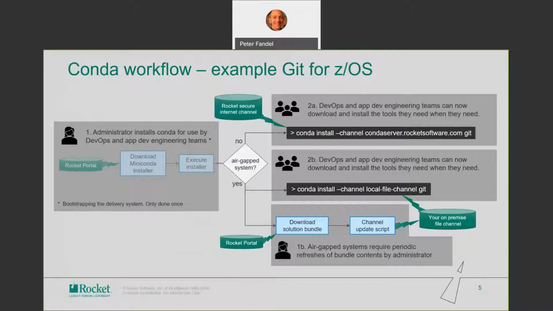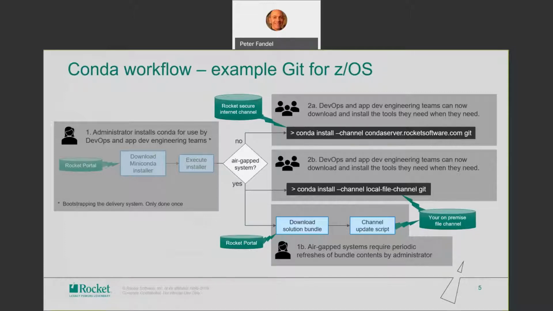If you're okay with your organization going to a secure private vendor channel server or a public channel server, then you can immediately instruct your teams to begin using the Conda installation to download and install whatever they need from those channels.